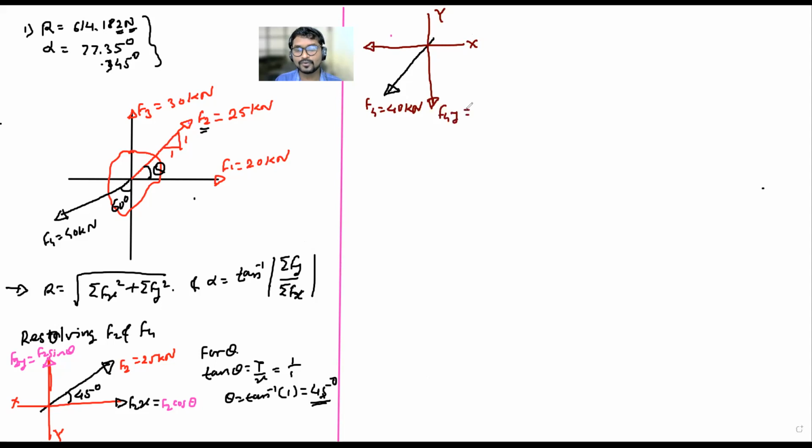F4Y काय म्हटले तुम्ही? F4 cos theta. साइन थीटा की कॉस थीटा? साइन थीटा. साइन कंपोनंट हा कोणता कंपोनंट असतो? अँगलच्या ऍडजसंट वाला की अँगलच्या दुसरा वाला?